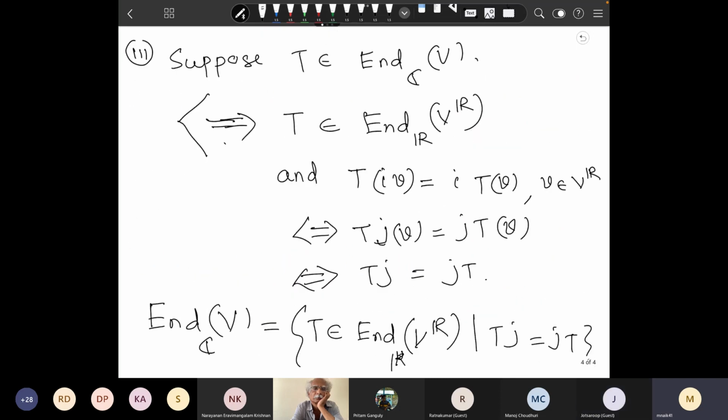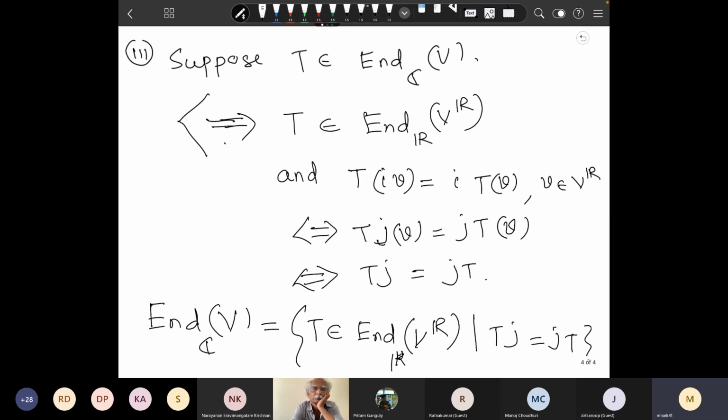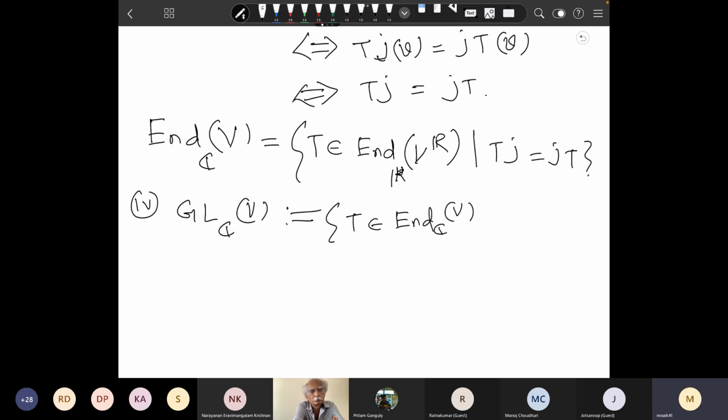So next thing I am saying, suppose T is a complex linear map on V. Yeah, this is okay, right? So fourth point: GL_C(V) is by definition all invertible complex linear maps on V. By definition, T belongs to End_C(V) such that T is invertible.